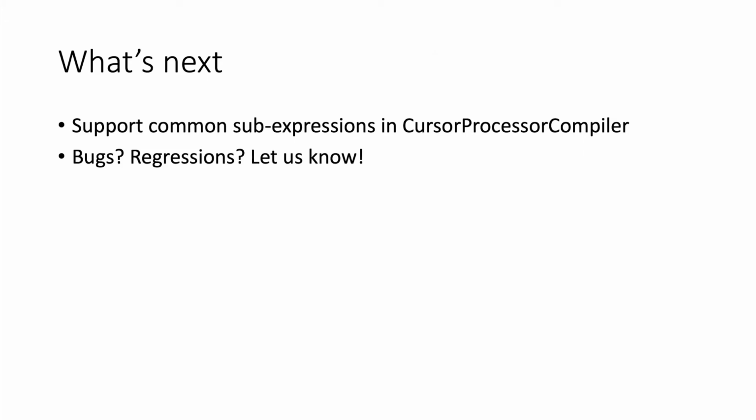Interestingly, with ARIA scan, we've been trying to push more complex logic to scan, which exposed us to the problem that some expressions that we push down to scan can be quite complex and still have common expressions as a result. So we also want to do this in the cursor processor compiler.